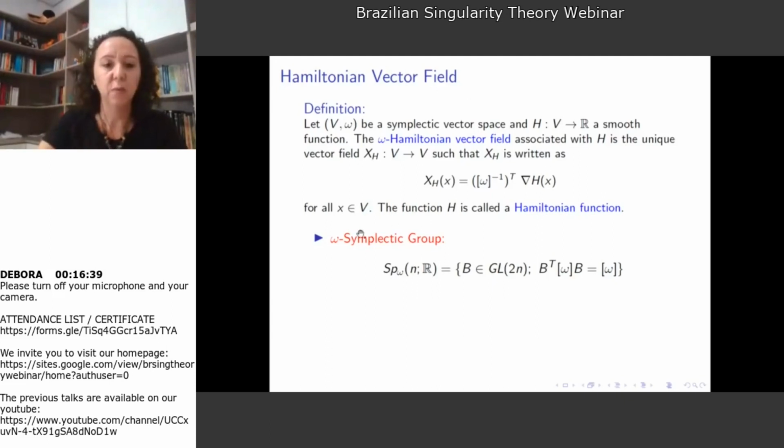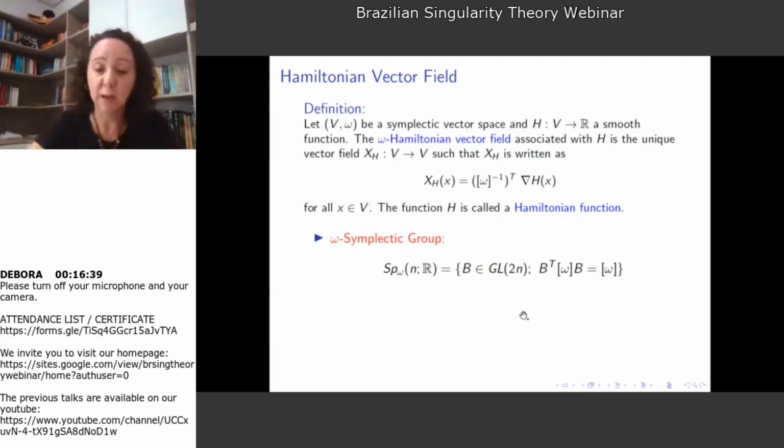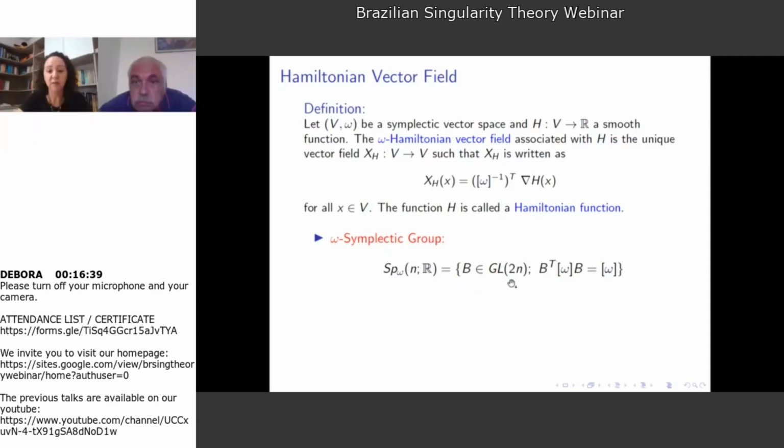For example, we can define the symplectic group with respect to this bilinear form. It's not exactly the same as the classical symplectic group. We call the omega symplectic group the set of invertible matrices B satisfying the transpose of B times the matrix of omega times B equals omega.